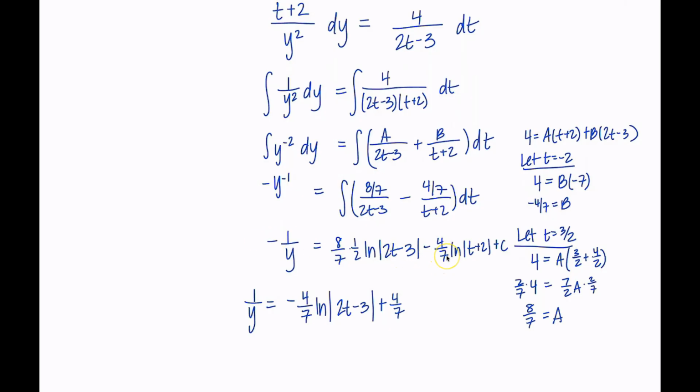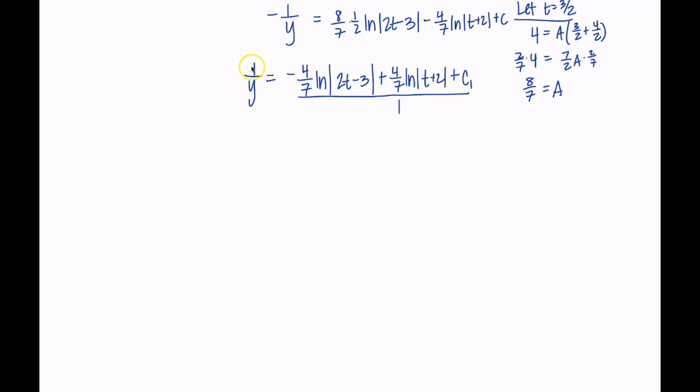This negative is going to distribute through natural log and then t plus 2. And then this, instead of being minus c, we'll just say plus some other c1. And then let's go ahead and remember that all of this is over 1.